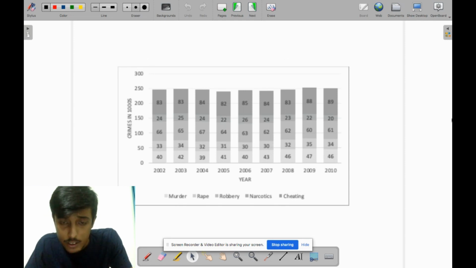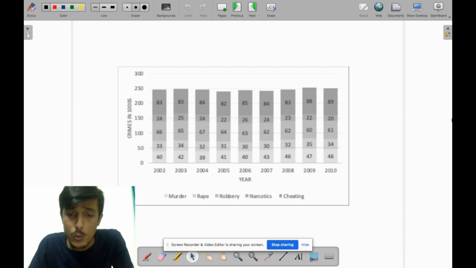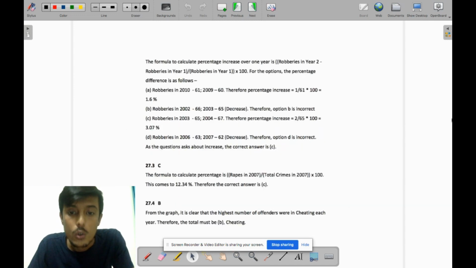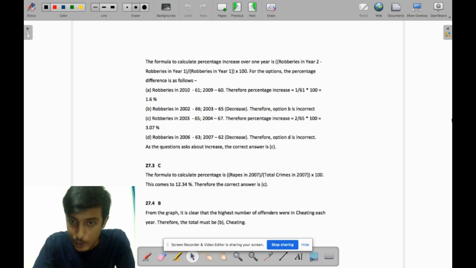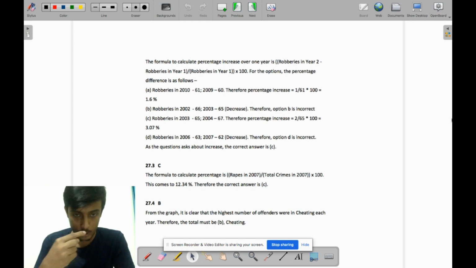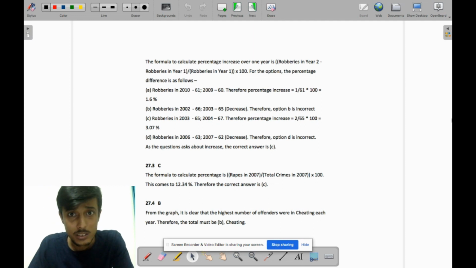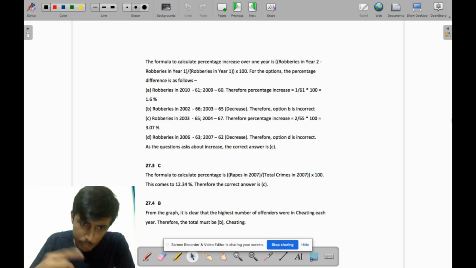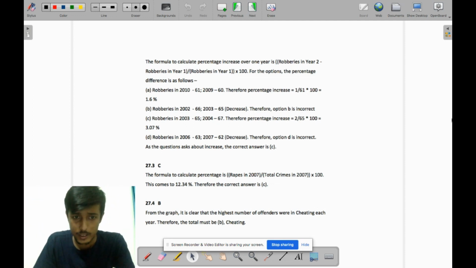As you can see, the total number will be 43 plus 30 plus 64 plus 24 plus 284, which will come to 241. Will be 30 divided by 241 into 100. You get a percentage of 12.34. You don't even need to go into the decimal points, as I said, because the options are in whole numbers. So as soon as you get 12, you mark C, you move ahead to the fourth subpart.